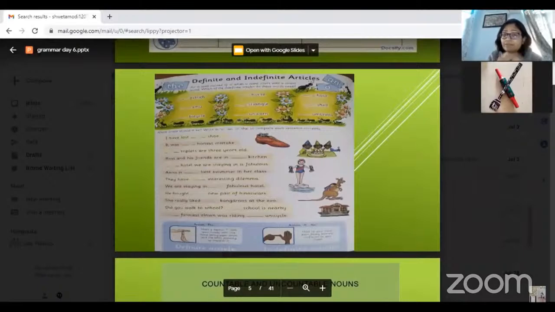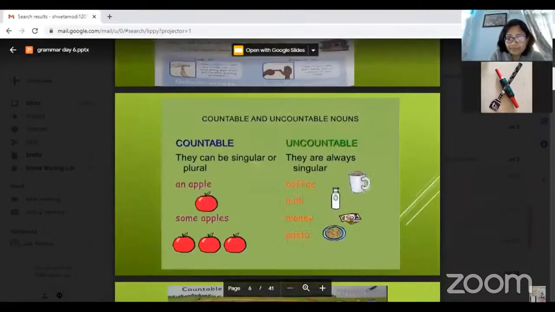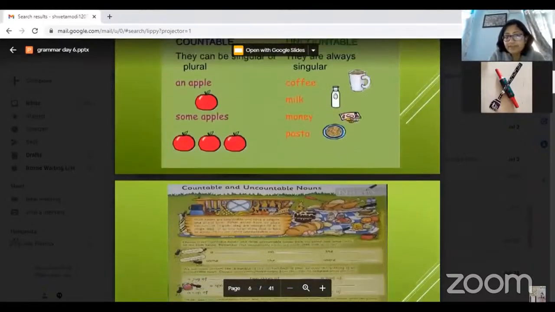But when I say "we are staying in a fabulous hotel," because you're talking about it for the first time, it is "a fabulous hotel." When you are talking about the same hotel again, then you say "the fabulous hotel." Countable and uncountable: if you can count 1, 2, 3, so 3 apples.